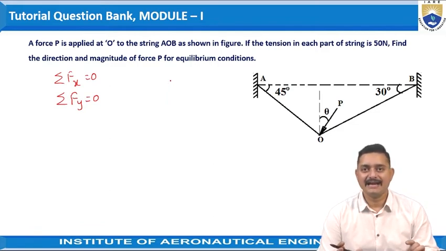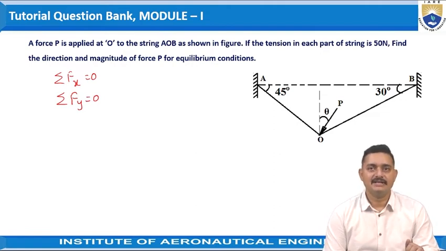Whatever forces are acting in the system, if all the horizontal components and all the vertical components are equated to 0, then the system is in equilibrium. Simply, the resultant of the system is 0. So with the help of these equilibrium equations, let us solve the problem.